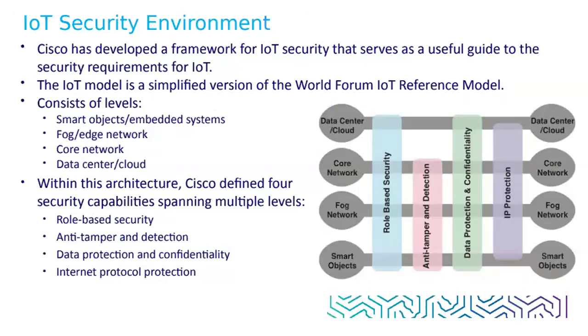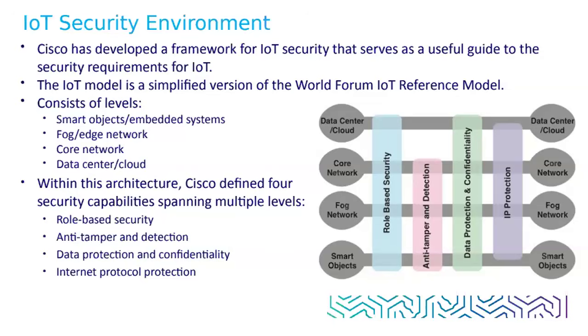And then we have the IoT security environment. See, Cisco, which is one of the best companies, has developed an IoT security framework, which helps organizations understand where the security should be applied throughout an IoT system. In various stages, various policies will be implemented effectively.